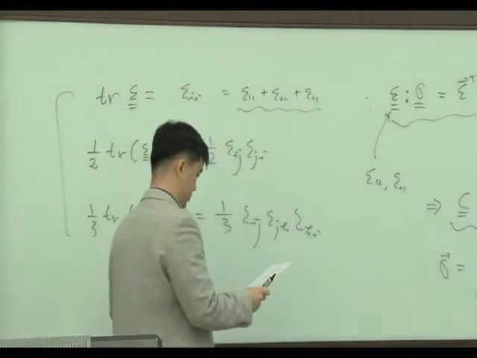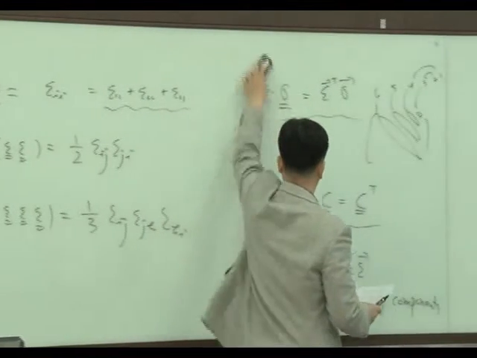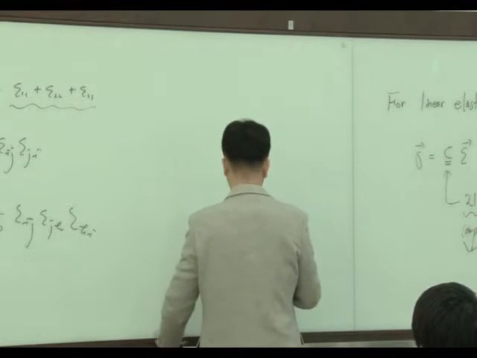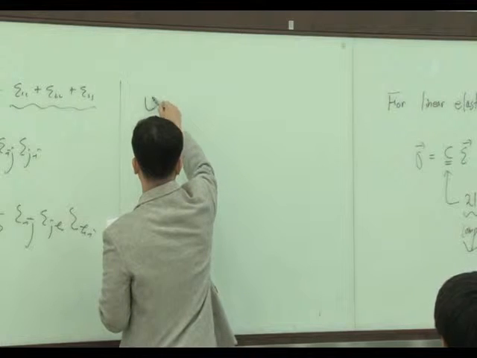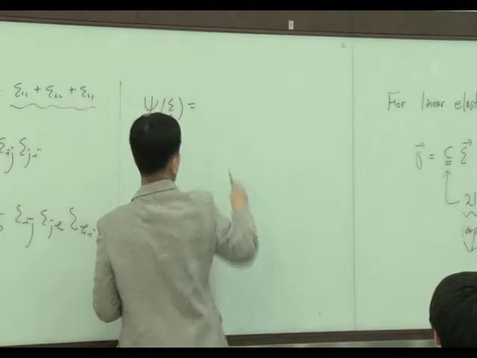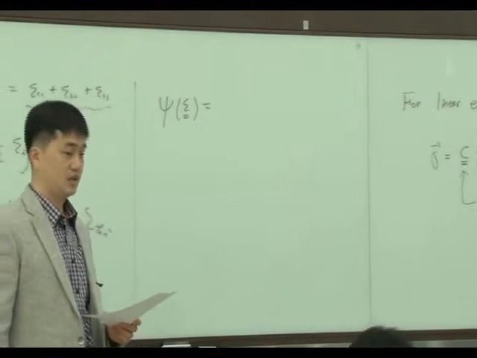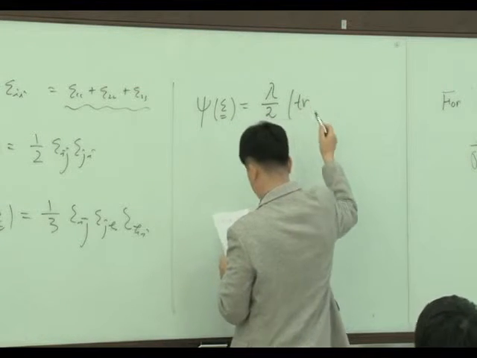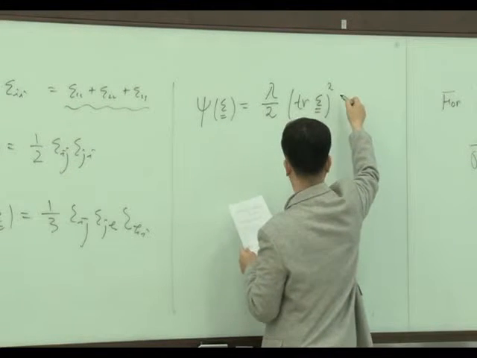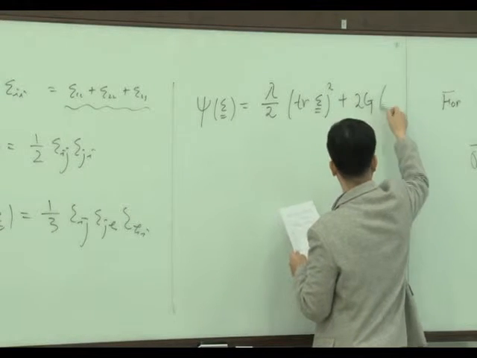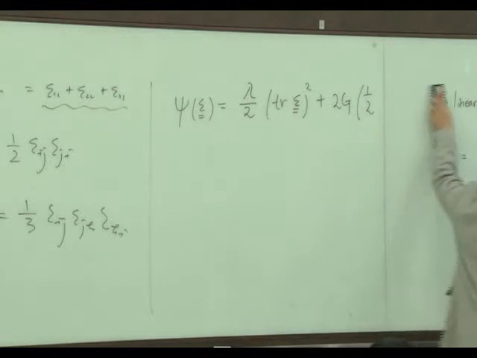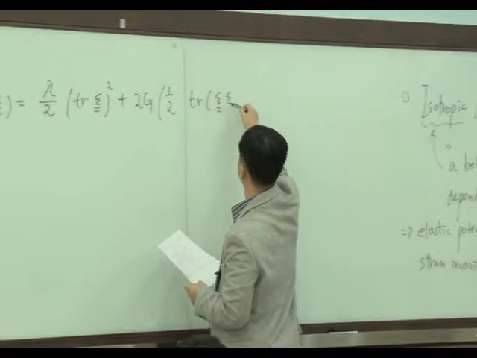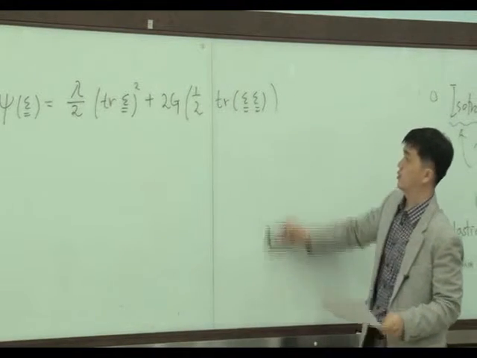Anyway, people did some experiments a long time ago, and they finally represented the free energy of isotropic linear elastic material with strain invariants like this: lambda over 2 trace E squared plus 2G times one half trace E squared, like this.